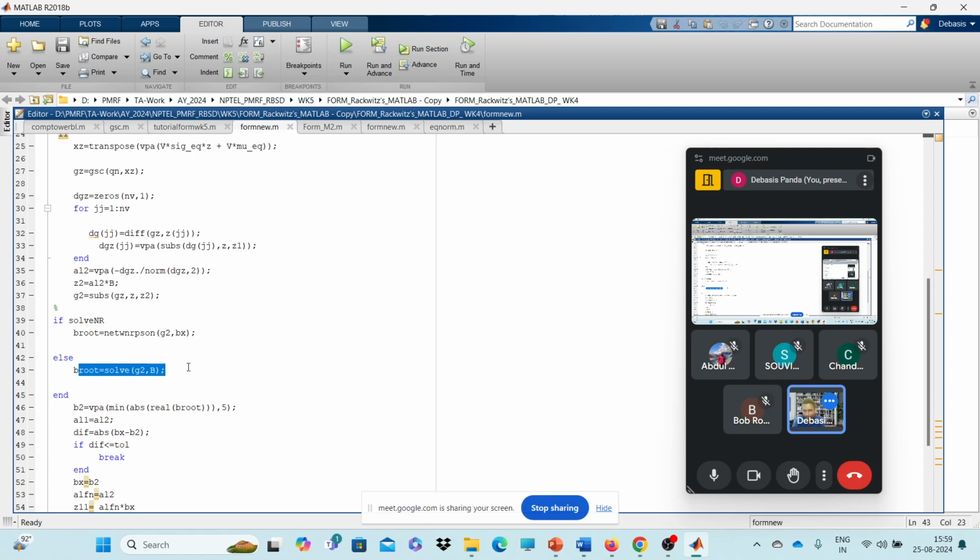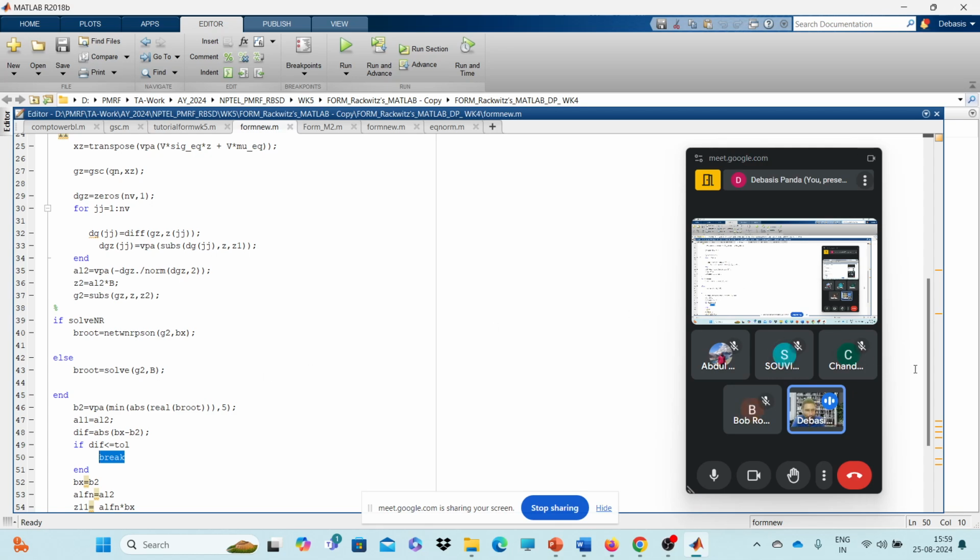Once we have these two values, it will start iterating until the difference between two consecutive beta values, b1 and b2, is within the tolerance limit, then the loop will break. Otherwise it will continue until the tolerance is achieved.